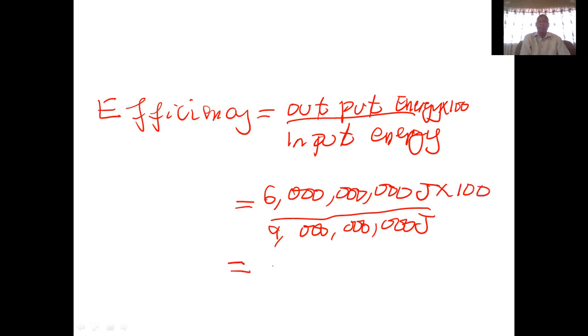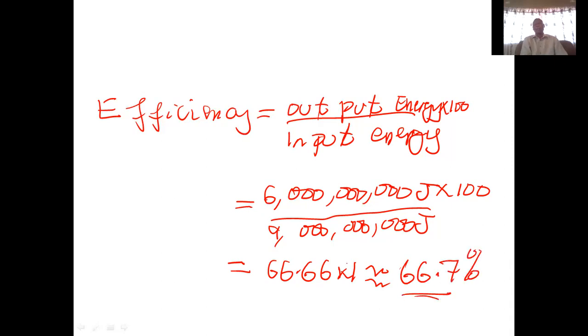This gives us 66.66, which is approximately 66.7%. So this is the efficiency that is produced by this power plant.